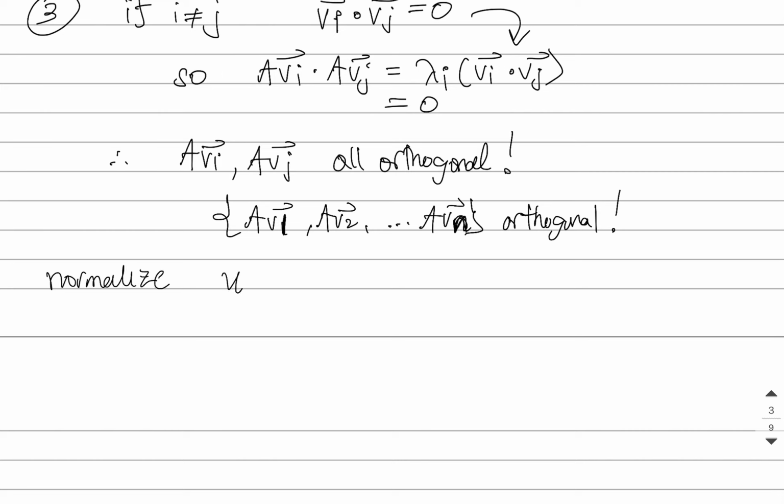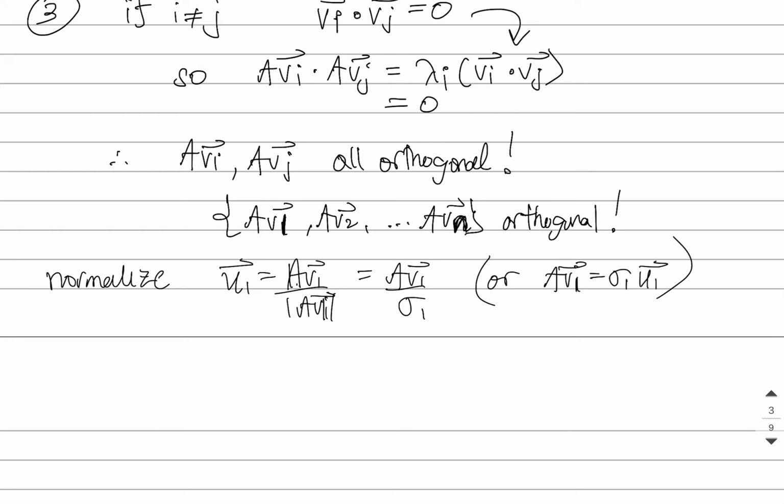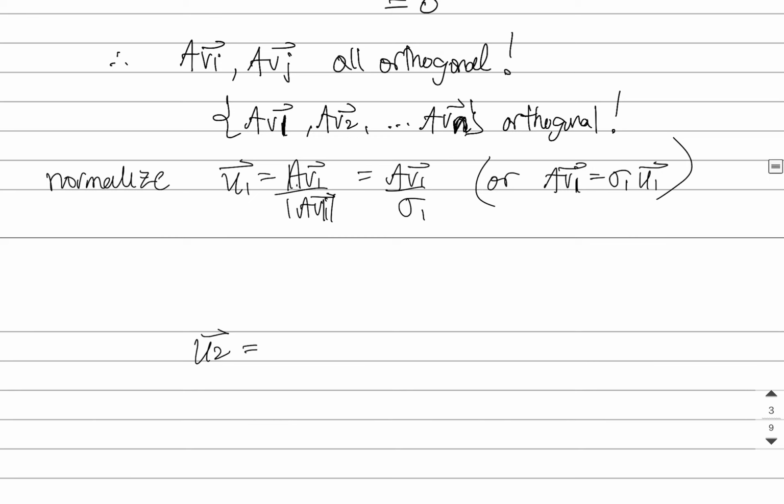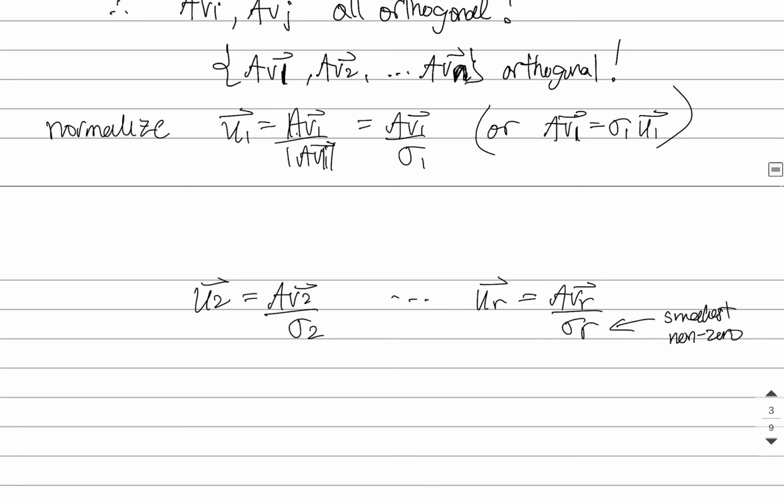And if we normalize them, we're going to say that U1 is AV1 over its length, which means that it's AV1 over the first singular value, or AV1 is equal to sigma 1 U1, if you want to think of it like that. U2 obviously would be AV2 over the singular value, and we're going to proceed down until the very last non-zero singular value. So this is the smallest non-zero singular value.